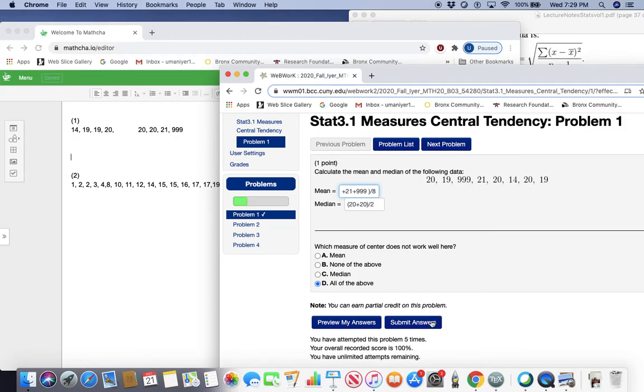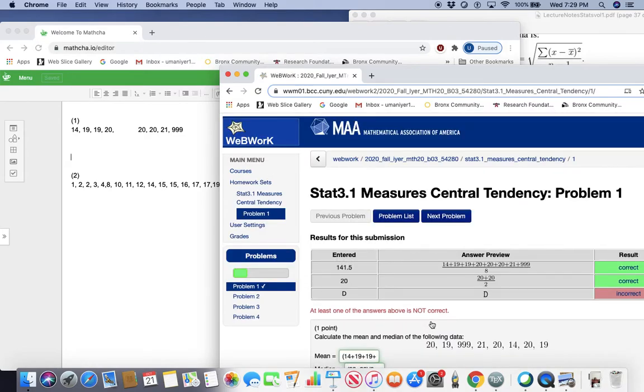So to say, okay, these two are correct. Now to say that 20 is a reasonable amount to represent the amount of tip you received seems correct. But to say 141.5 on an average every individual got is incorrect. In fact, most people got very less compared to 141.